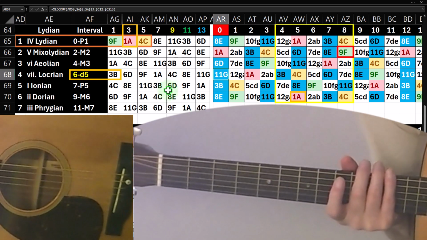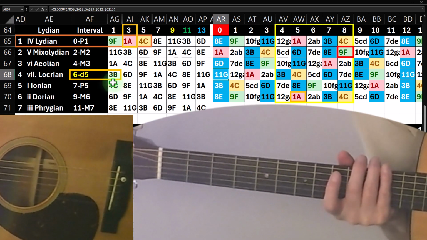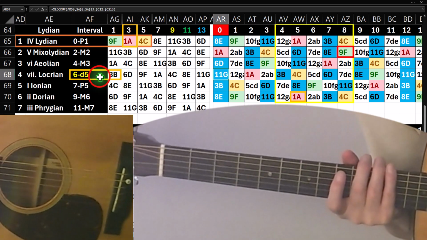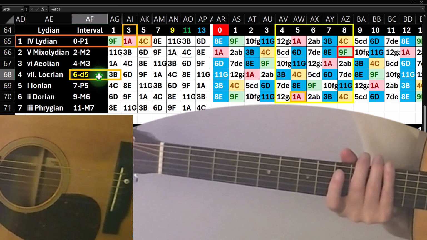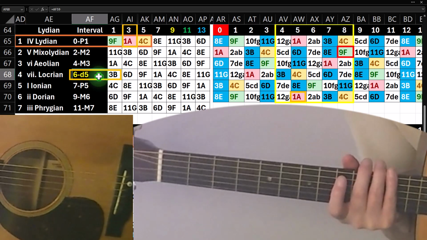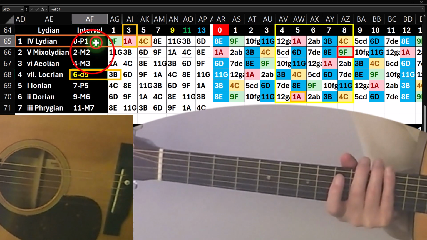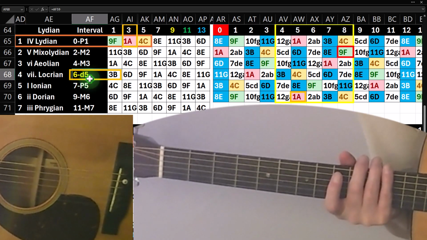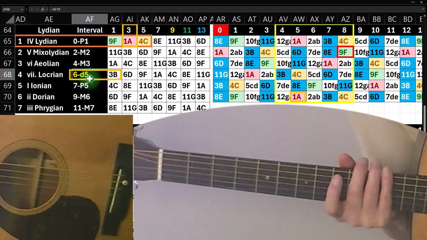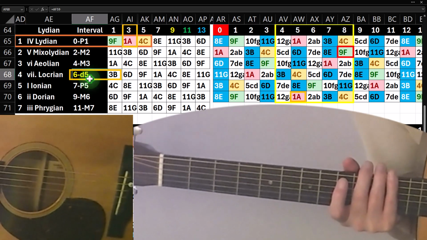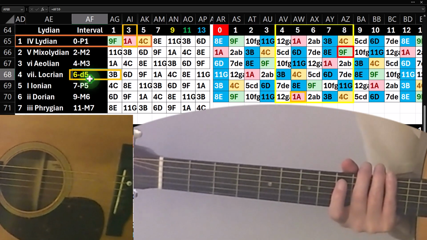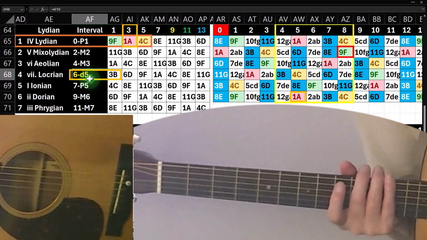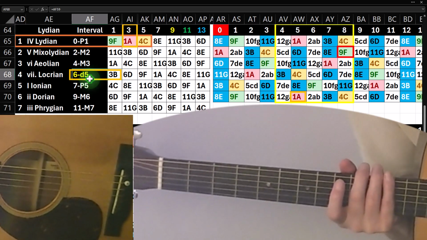This one's the funny one. It should be a 4th, but I'm calling it a diminished 5th, which is the same. The reason it should be a 4th is because it should go 1, 2, 3, 4, but it's still going to be 6 notes away. It's the same distance as a diminished 5th, so we just pick whichever one is the right one, so that we can still say it's a 4th.